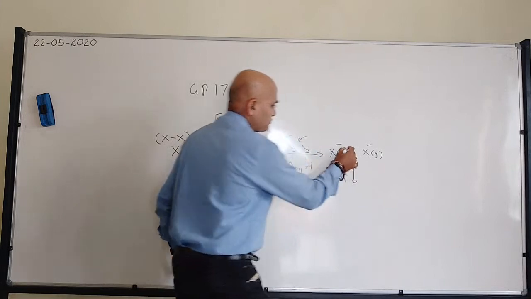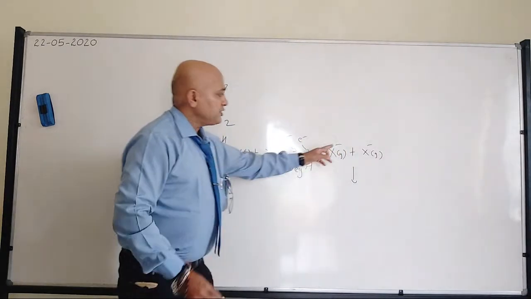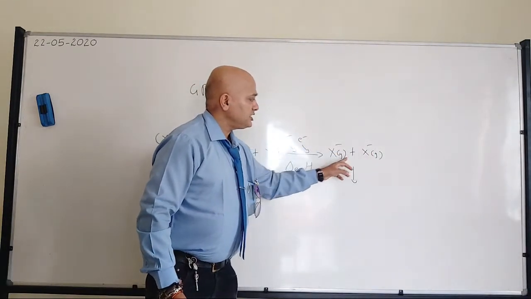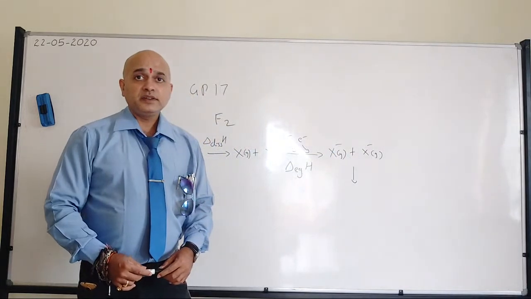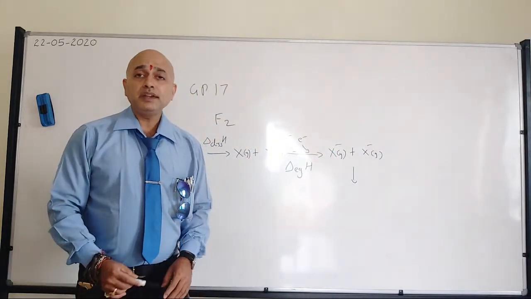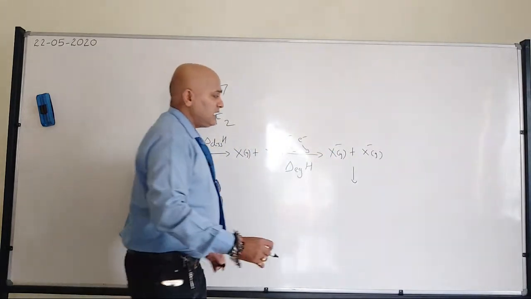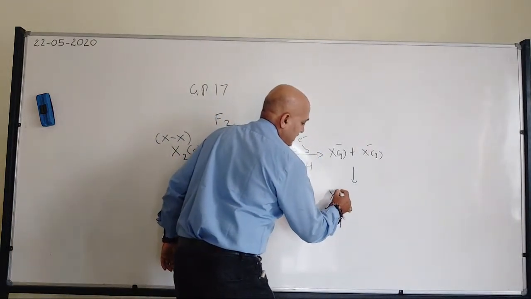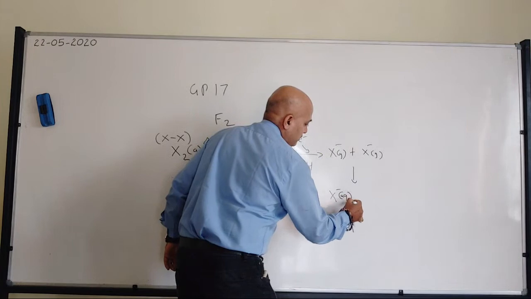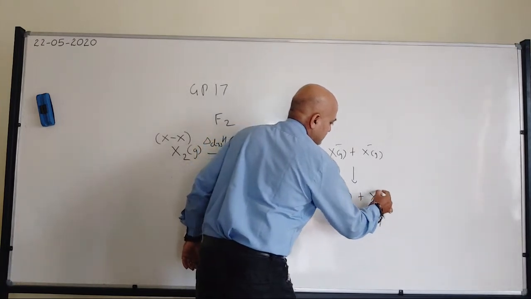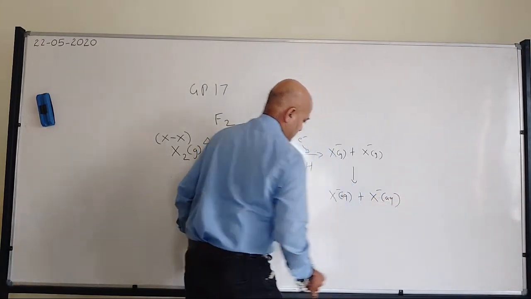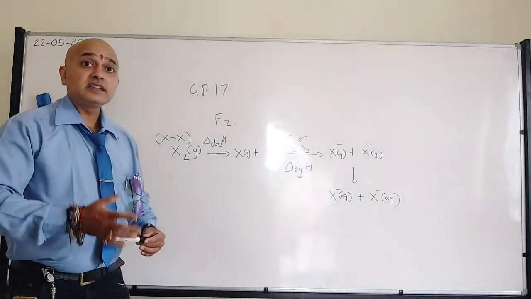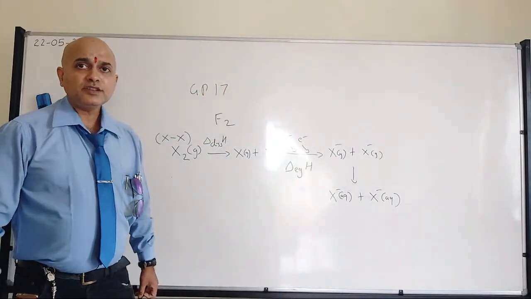Next, if you observe carefully, I have mentioned the ions in gaseous state, right? But immediately they will be dissolved in water, in aqueous form. So that's where we have X minus aqueous plus X minus aqueous, dissolved in this solution.